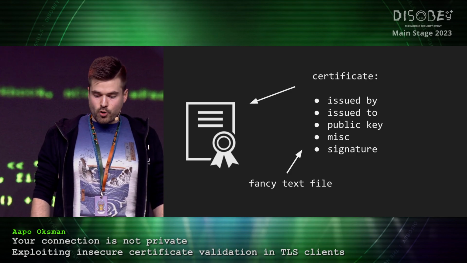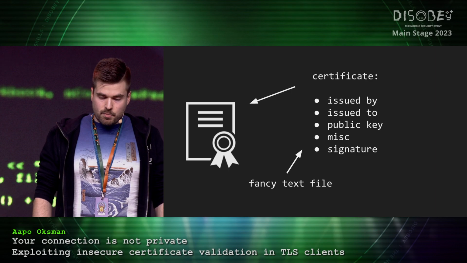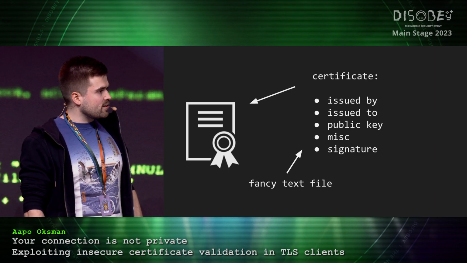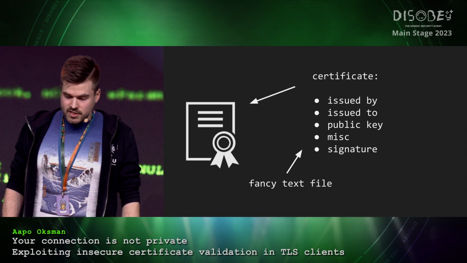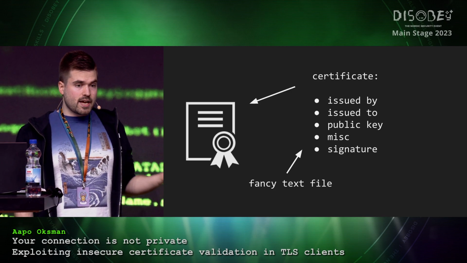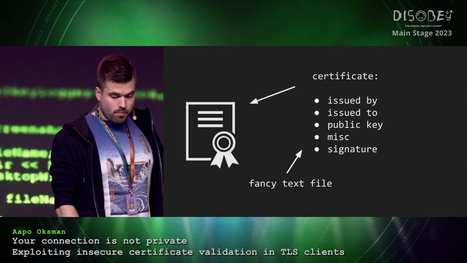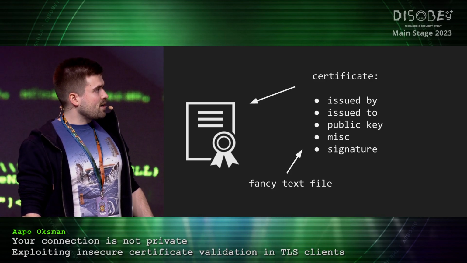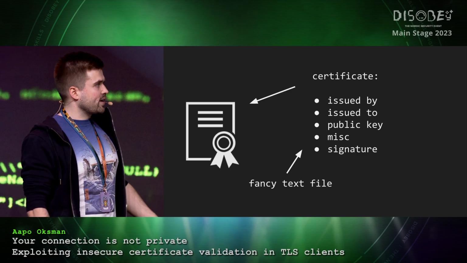So if you try to open it, you might see something there. But if you open it with the correct tool, you might see these fields in the certificate. So the certificate is issued by someone. It's issued to someone. And there is this public key cryptography there that you can use to sign electronic things.